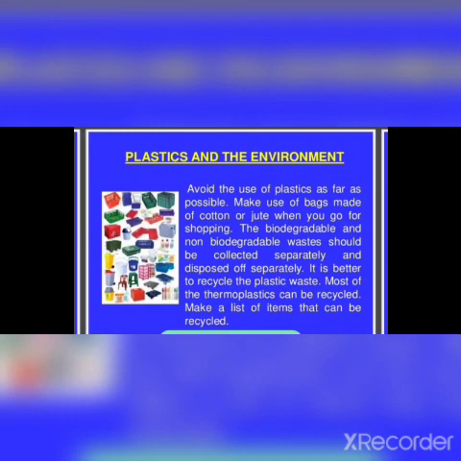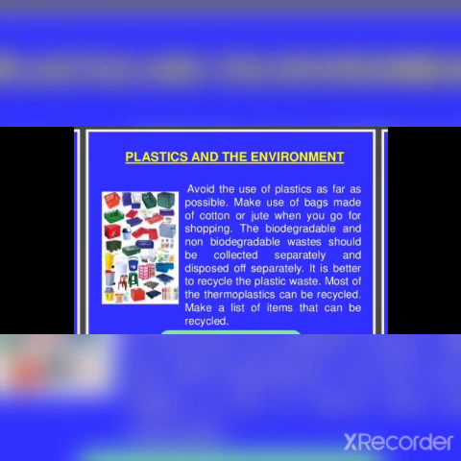Now let's see the steps to avoid the use of plastics. First and foremost, avoid the use of plastics. Prefer to use bags made up of cotton or jute.